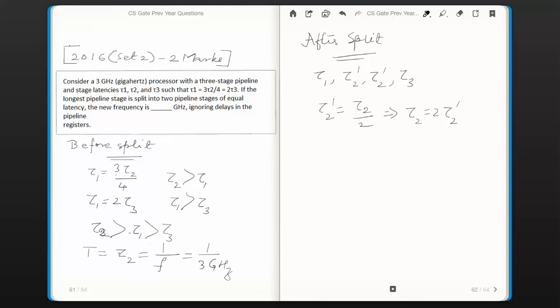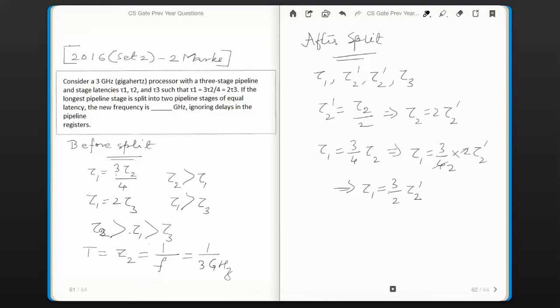Now from the earlier relationship we know that tau 1 is equal to 3 by 4 tau 2. Replacing tau 2 by 2 tau 2 dash, tau 1 would be 3 by 4 into 2 tau 2 dash. So 2 fours are 8, that is, tau 1 is equal to 3 by 2 tau 2 dash.